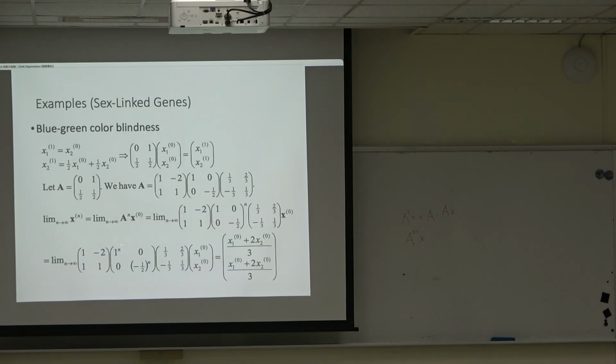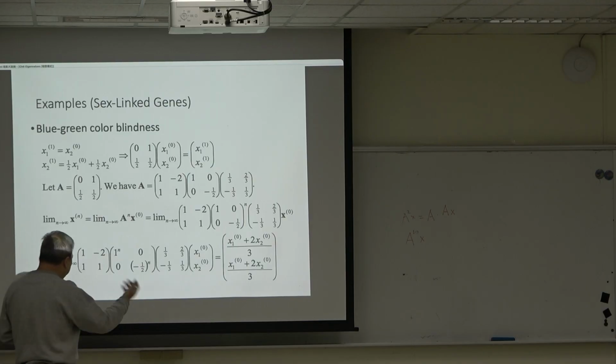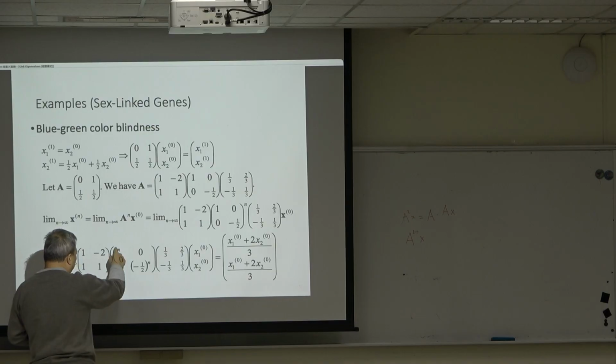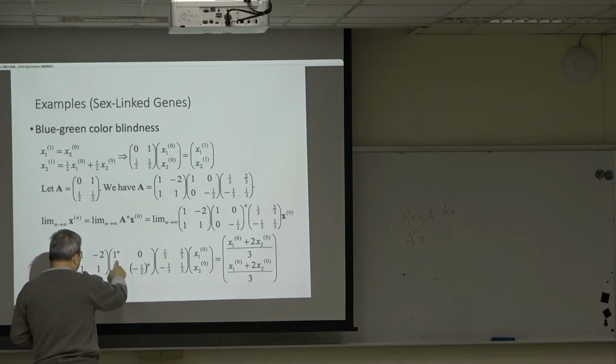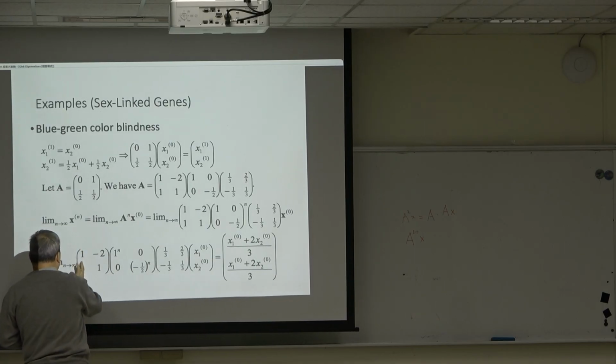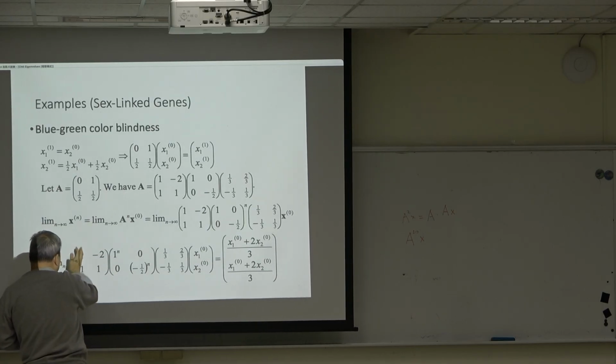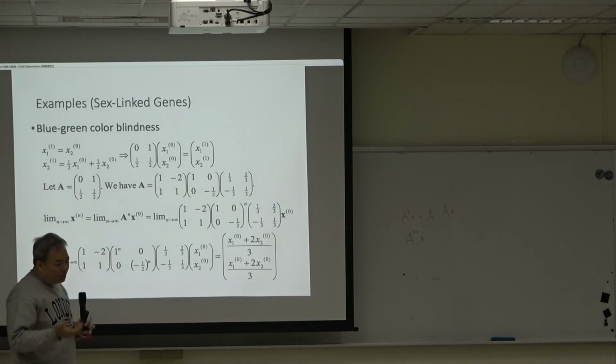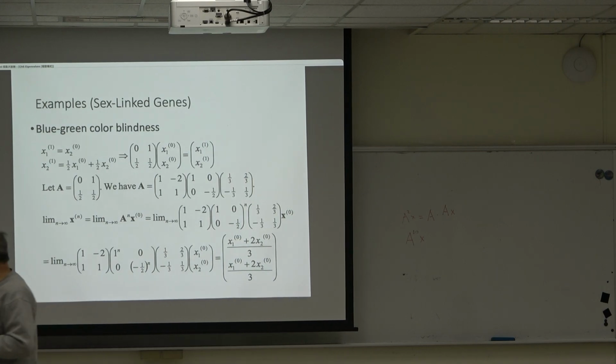When n becomes very large, this one will stay to be 1, this one vanishes. So only this eigenvector matters, this one is not important.